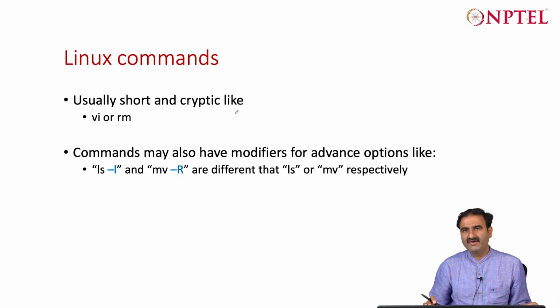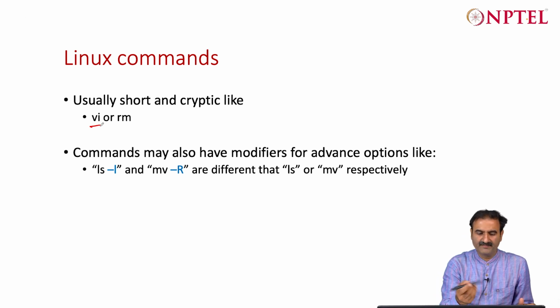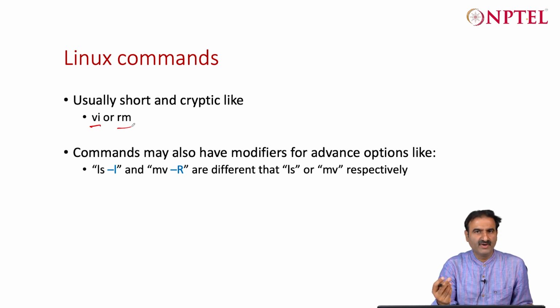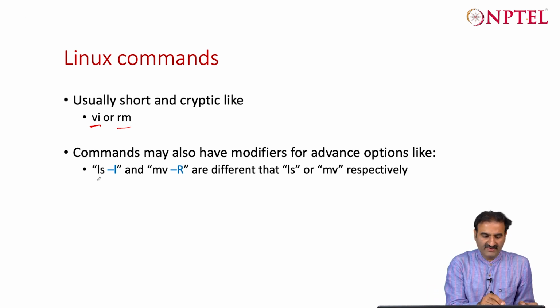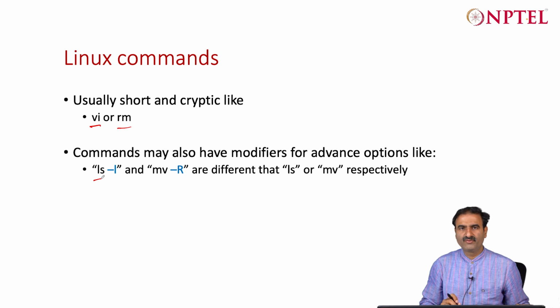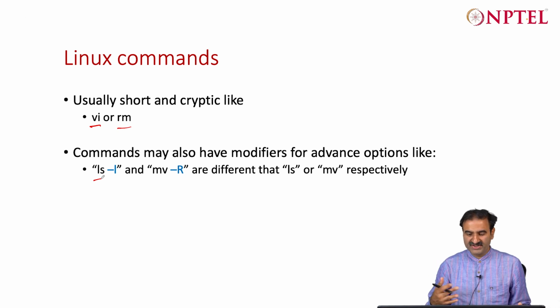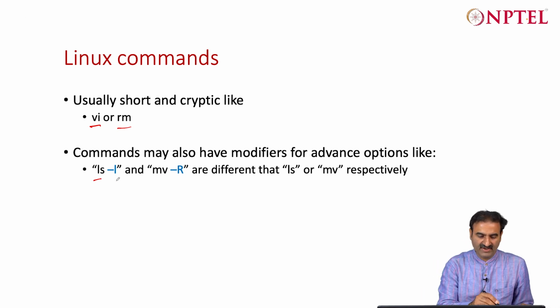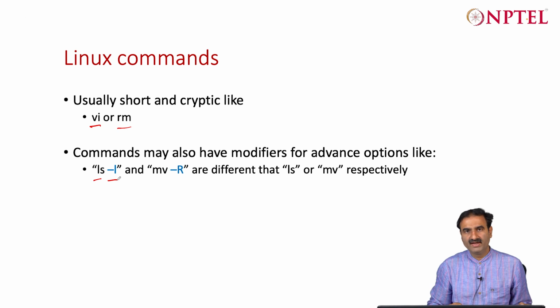Okay, so Linux commands are very short, right? For example, you just write vi or rm. These are just 2-letter words, and very small commands which you can remember. Then for example, there is a command ls for listing, okay. This command is small and just 2-letter, and you can also use additional options or modifiers, for example -l, which will give a listing of the files in a folder.